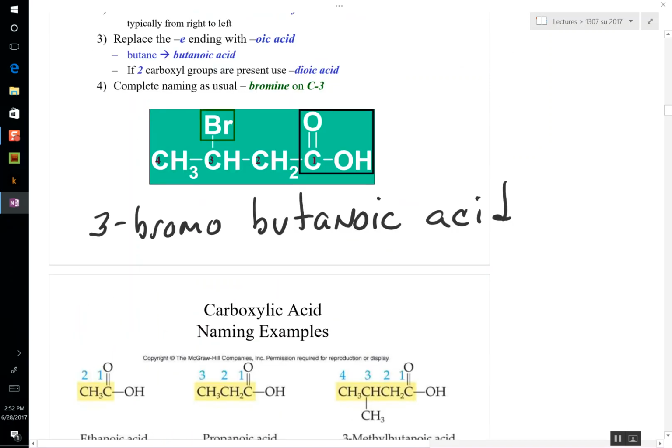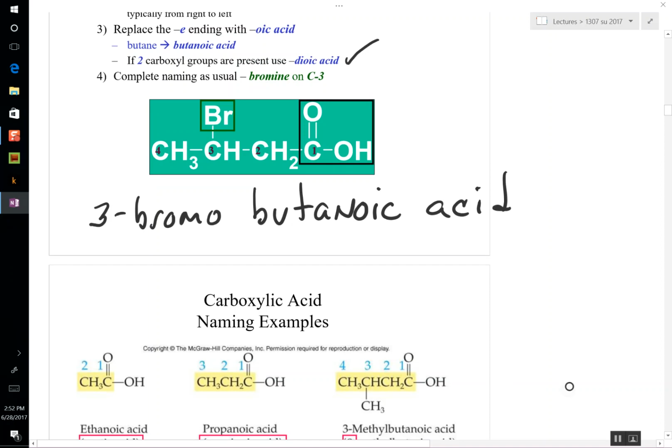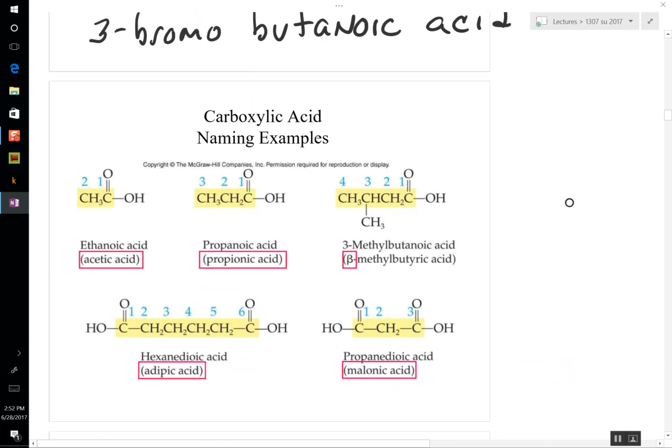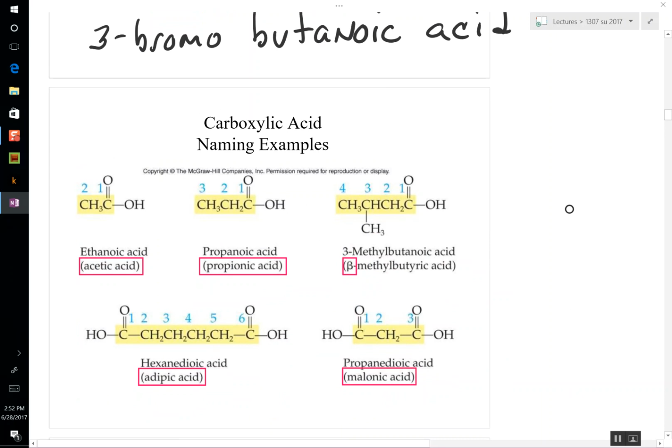And it's got a little comment there. If there are 2 carboxyl groups, you would say dioic. Let's see if we have some examples here. There's our two carbons: ethane becomes ethanoic. 3 carbons: propane becomes propanoic.